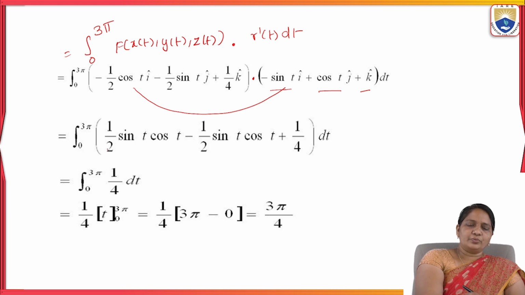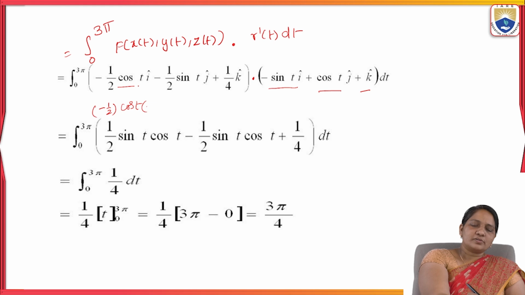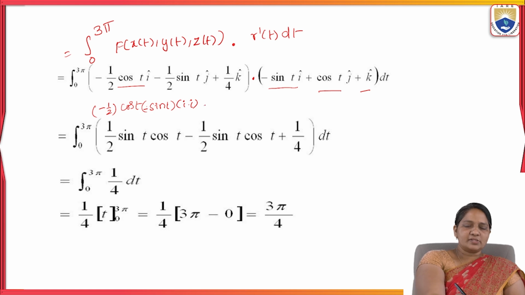So we multiply both values: minus 1 by 2 cos t into minus sin t.